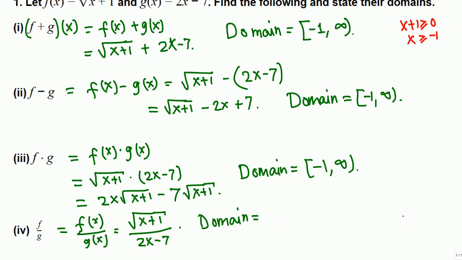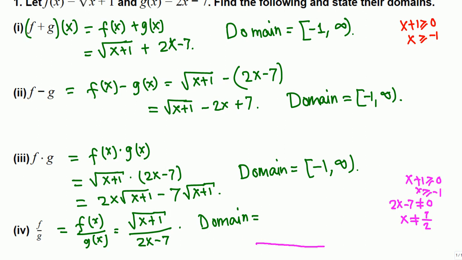Okay, so let's work out over here, 2x minus 7 should not be equal to 0, add 7 and divide by 2, so x should not be equal to 7 over 2, and at the same time x plus 1 should be bigger than or equal to 0, which is similar to what we did in previous 3 questions. X should be bigger than or equal to -1.